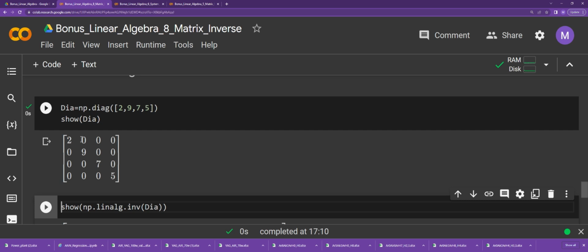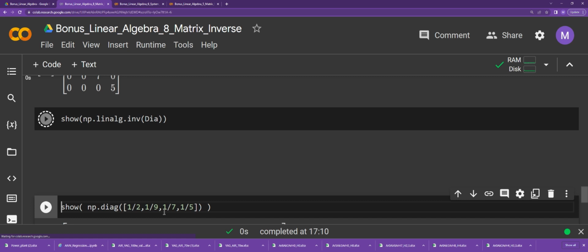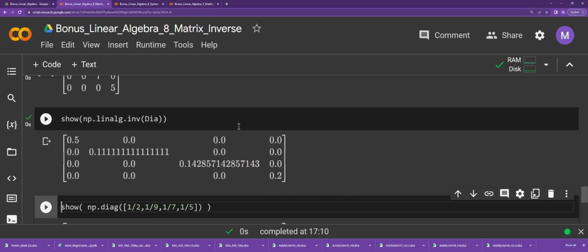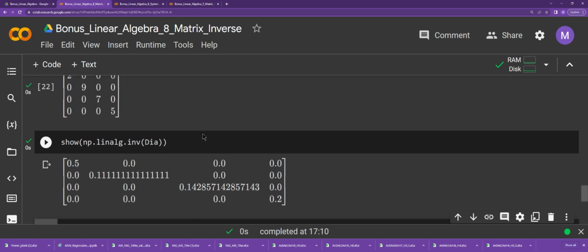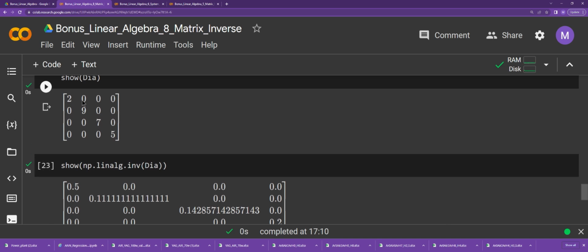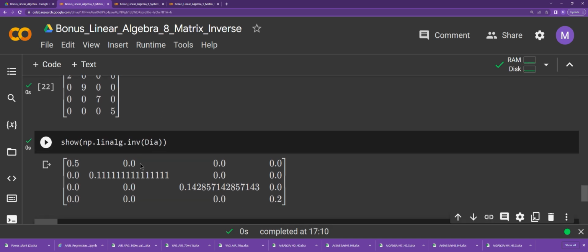And if I do an inverse of this, let's see what we get. So to start with, we definitely agree that the inverse of a diagonal matrix happens to be a diagonal matrix itself. Except, how are these numbers calculated? Pretty simple. Look at that.